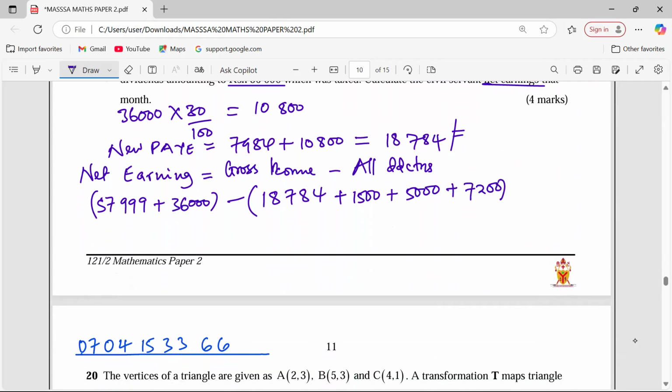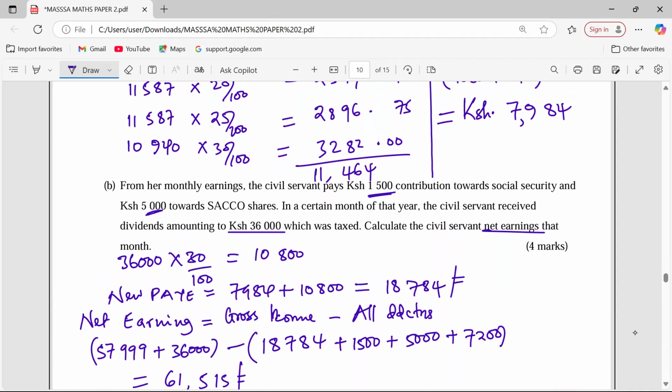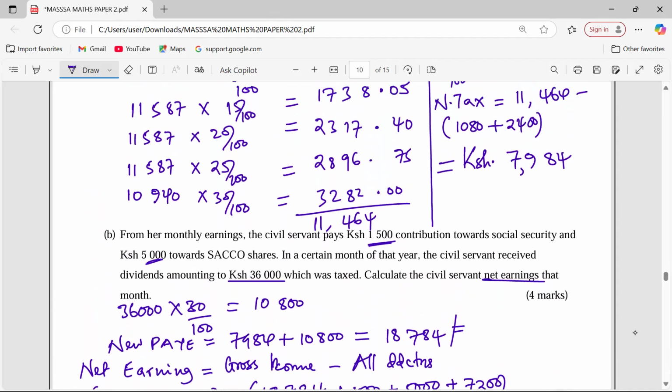Anything else that she pays? I don't think there is anything else according to the available information. So the difference here is going to be exactly 61,515 Kenya shillings. This is now the net earnings for this particular lady who is a civil servant with the government of Kenya in this particular year.